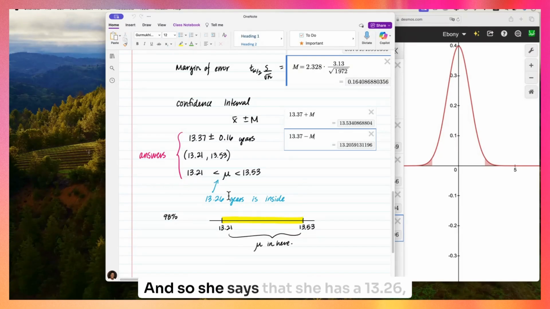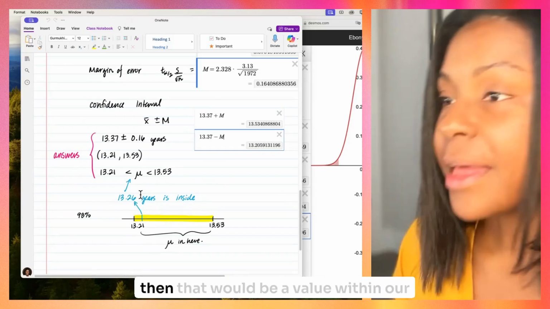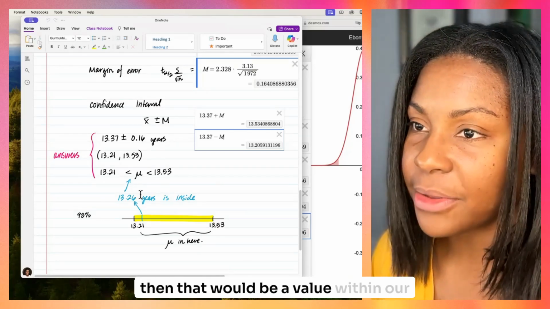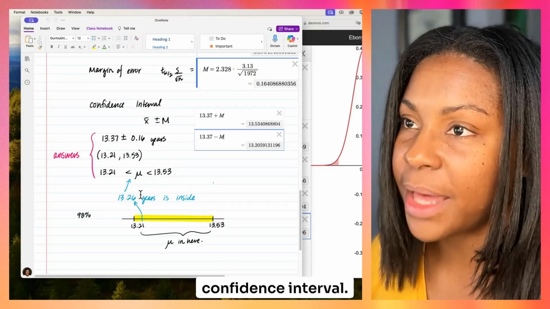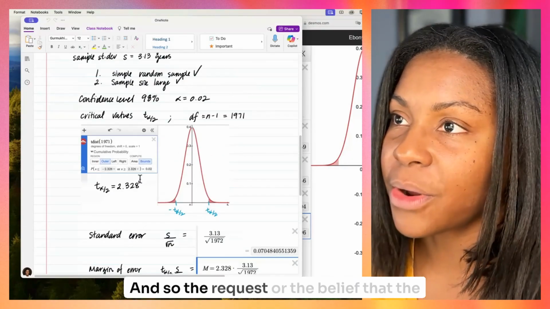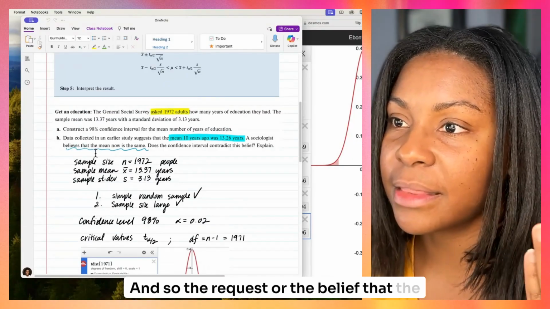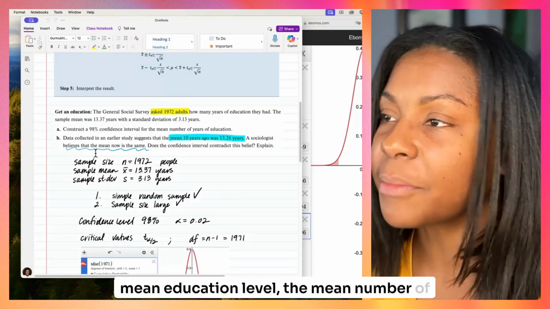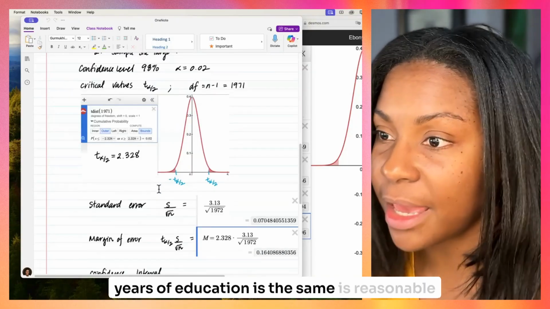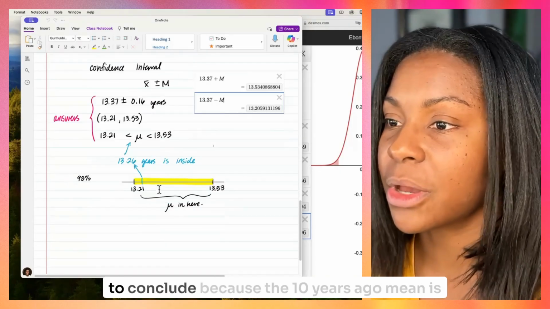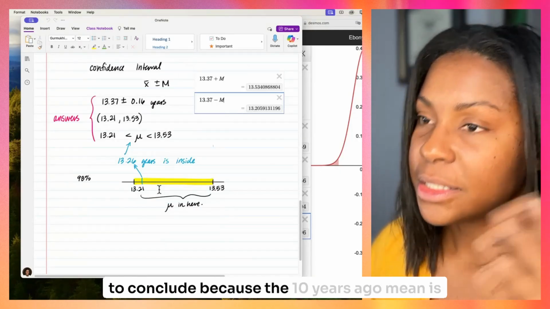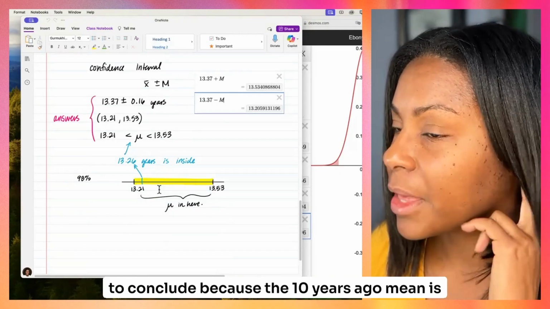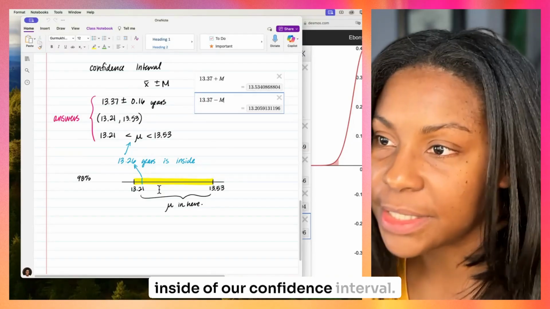And so if she says that she has a 13.26, then that would be a value within our confidence interval. And so the belief that the mean number of years of education is the same is reasonable to conclude because the 10 years ago mean is inside of our confidence interval.